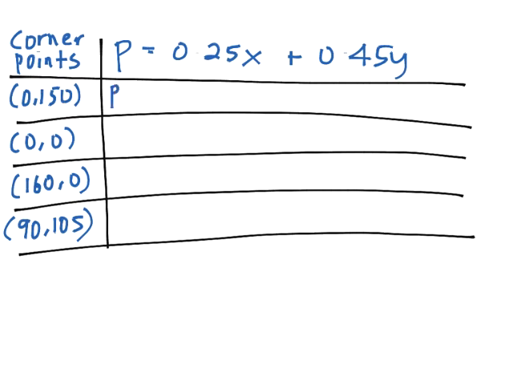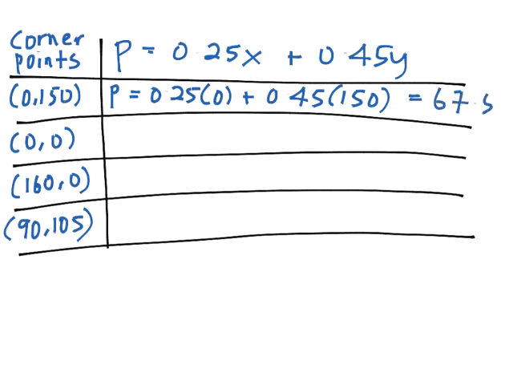For the first point, 0, 150, we have 0.25 multiplied by x, which is 0, plus 0.45 multiplied by 150. We calculate the value and come up with 67.5.